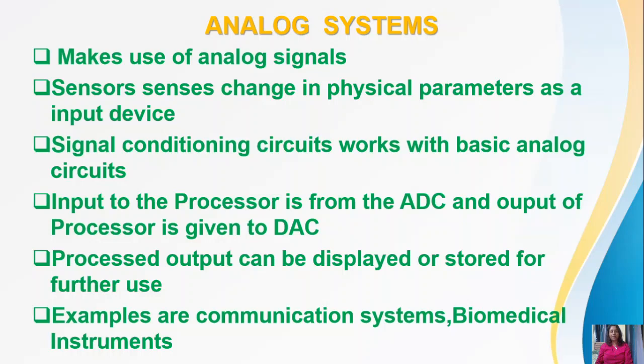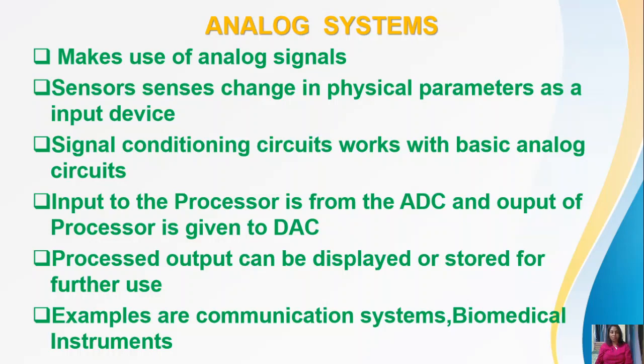The processed output is then given to a digital to analog converter, which converts the digital output to analog form, that is original form, to be displayed, stored or used by the user.